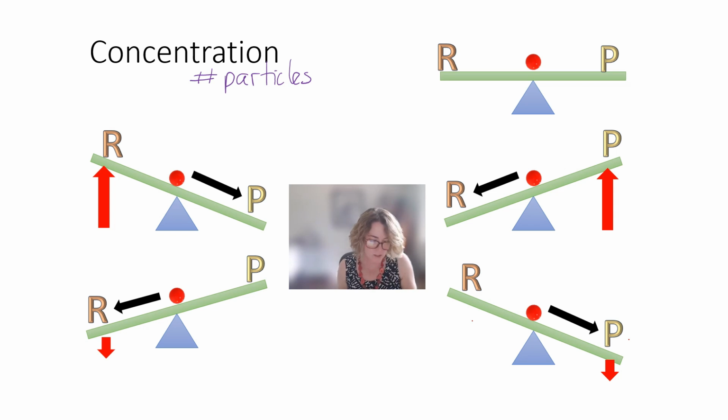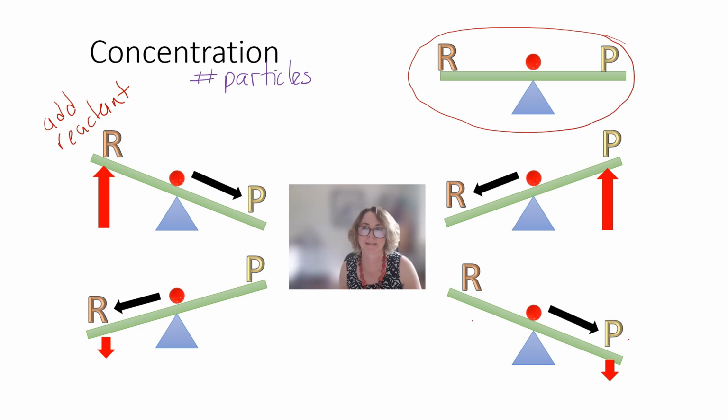All right, so let's talk about what happens when we add reactant. So when I add reactant, I'm lifting up the reactant side of that teeter-totter. Now remember, the goal is to eventually look like this, right? We want to be flat. So when I lift up the R, that ball is going to roll down towards the products.